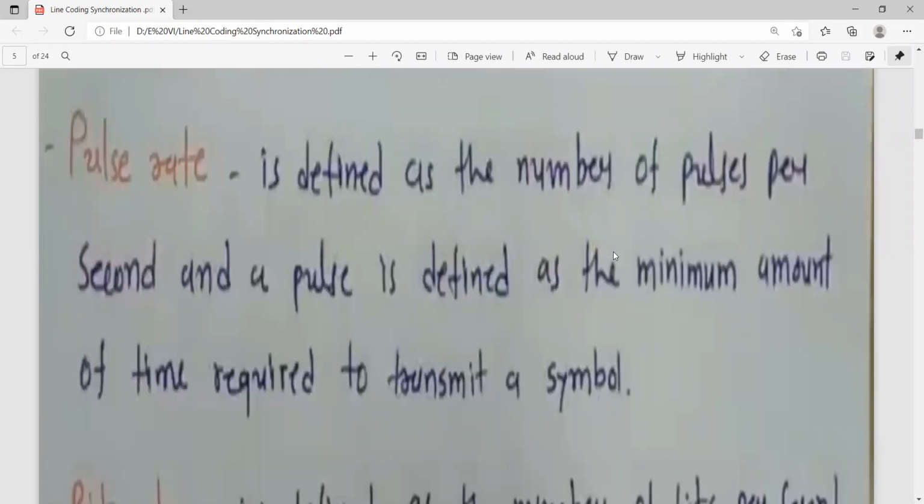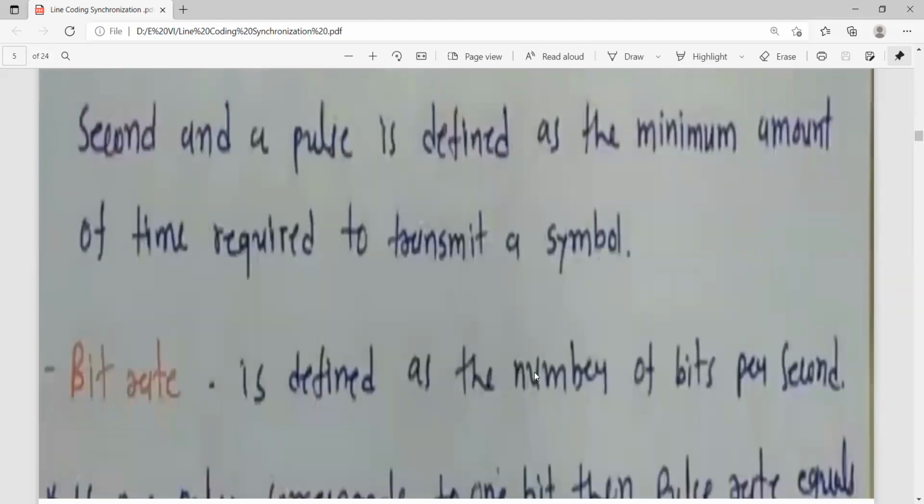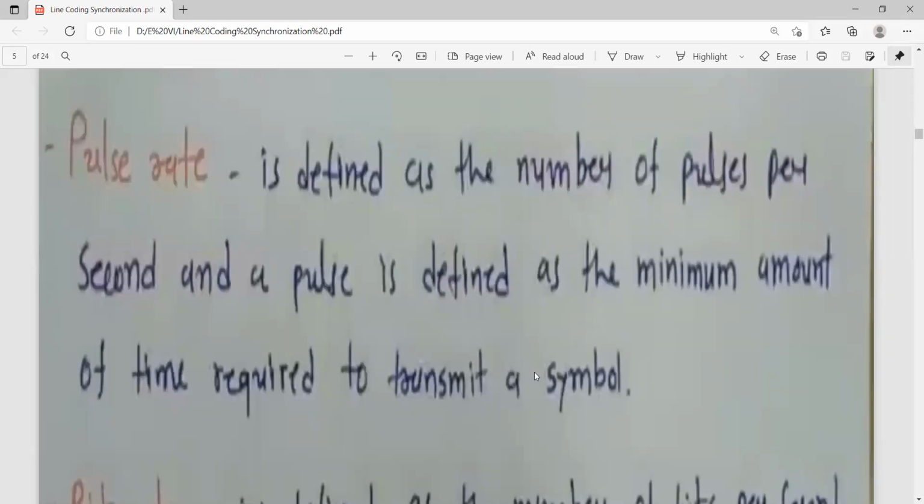Pulse rate is defined as the number of pulses per second, and a pulse is defined as the minimum amount of time required to transmit a symbol. So that is about the pulse.